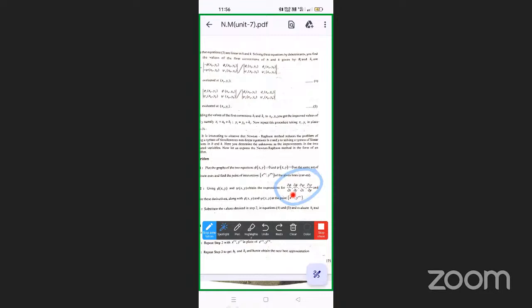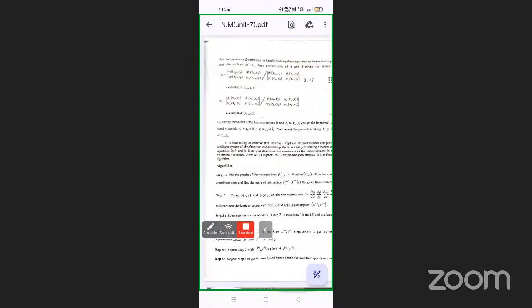And these are the formulas for h and k. h is equal to minus phi of x naught comma y naught, psi of x naught comma y naught, with the partial derivatives phi x, phi y, psi x, psi y.